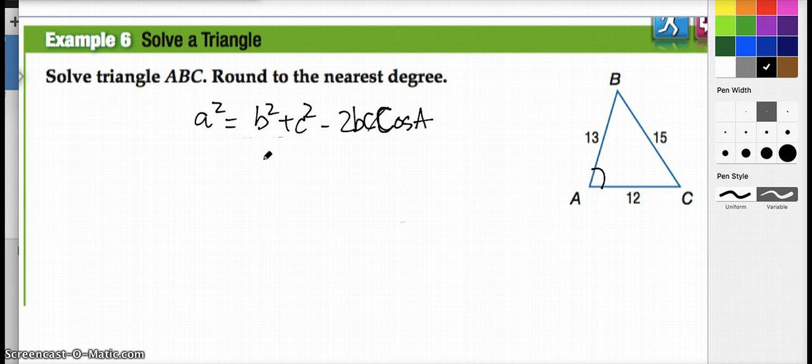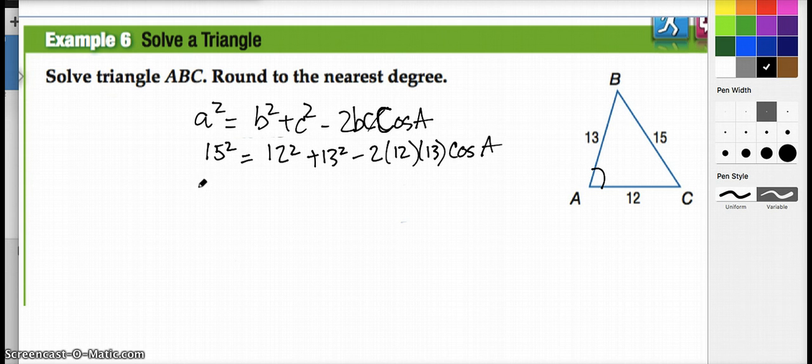So if I find angle A, then the opposite of angle A is side a, which is 15 squared. So 15 squared equals 12 squared plus 13 squared minus 2 times 12 times 13 times the cosine of A, which is what I'm looking for. I'm going to solve for cosine of A.